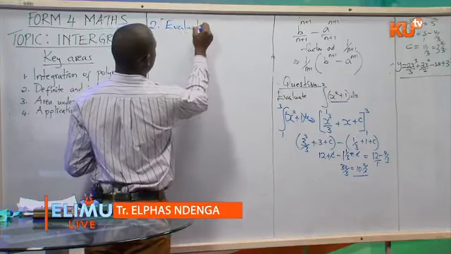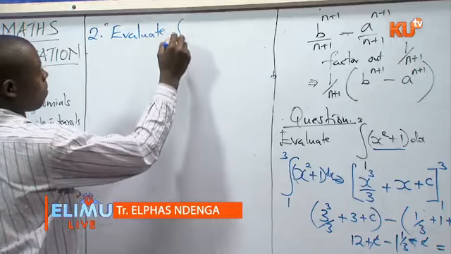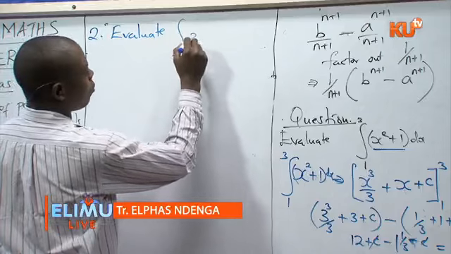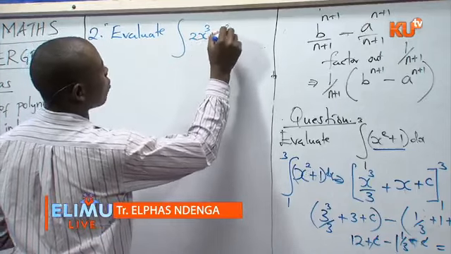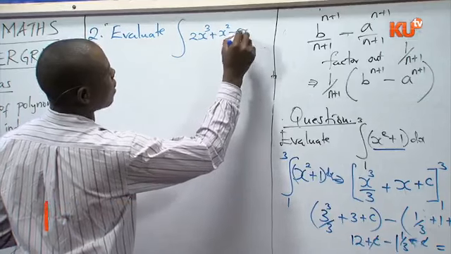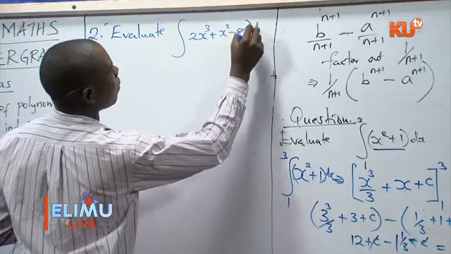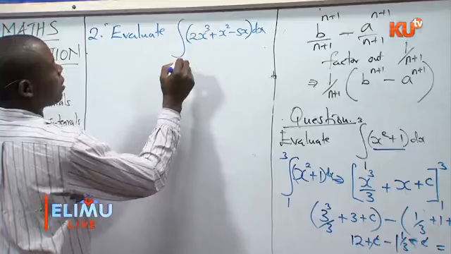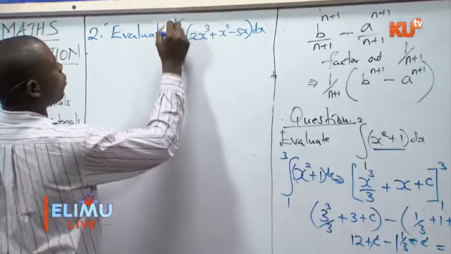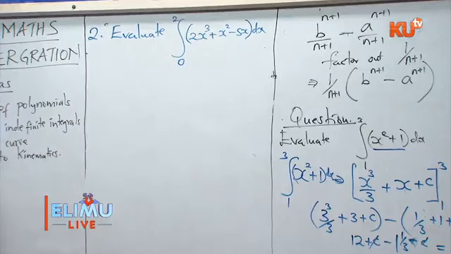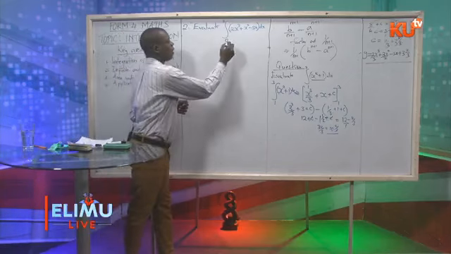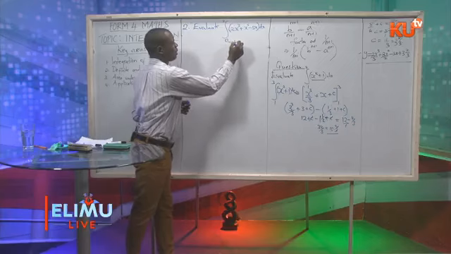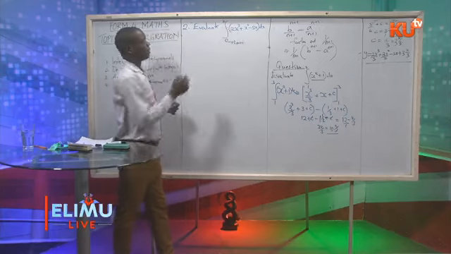Evaluate the integral of 2x cubed plus x squared minus 5x dx, from 0 to 2. It implies that this is our lower limit, and this is the upper limit.